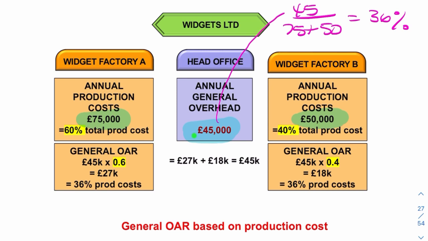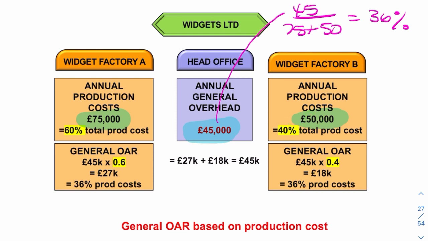Now, this £45,000, how is it going to be split? This bill, how is it going to be split between the two factories? Who pays more? You would imagine that the factory costing £75,000 would pay a larger contribution to the 45k than the other factory. So if you just calculate the ratio of A to B, or the percentage that they contribute to the total, you'll see that factory A, the £75,000, is 60% of the total production cost, whereas the 50 is 40%.